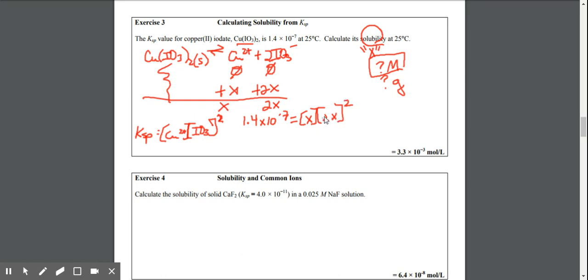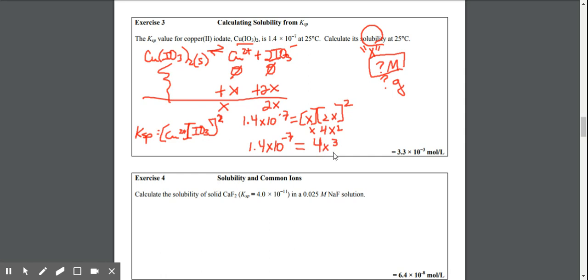So look here, we have 2 squared, which is 4. X squared is x squared. And then I'm multiplying by another x. So that ends up giving you 4x cubed. So that is what is equal to 1.4 times 10 to the negative 7.